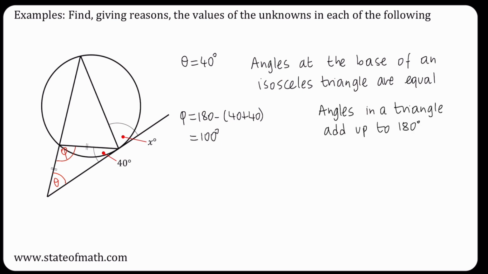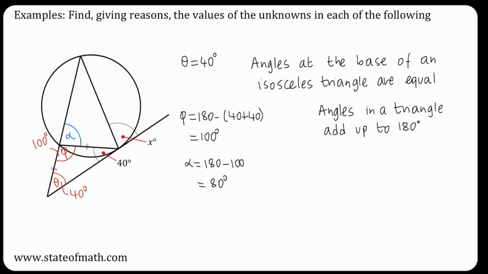So let me annotate my diagram. We found theta to be 40 degrees. We found phi to be 100 degrees. So I can easily proceed in calling this angle here alpha. Therefore alpha is 180 minus 100, which works out to be 80 degrees.